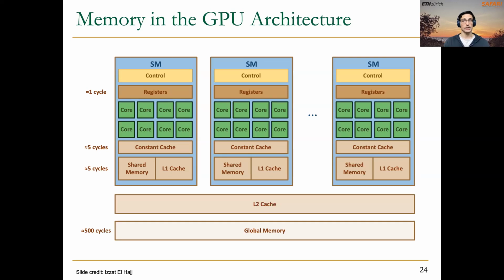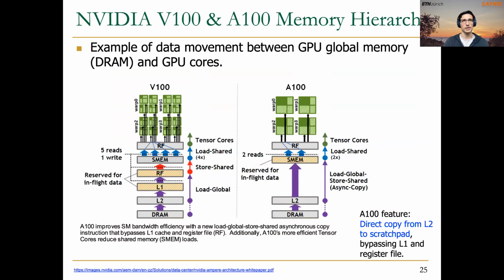The good thing is that the data that is accessed from global memory is cached in the L2 cache, which is much closer, is inside the chip, and is larger and larger, as we have already seen in a previous slide.